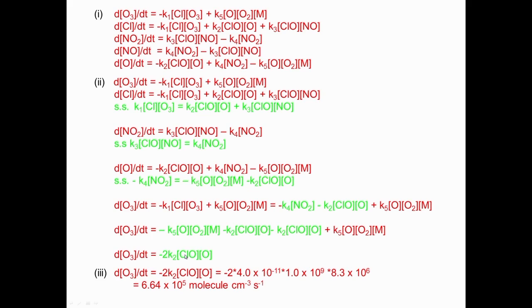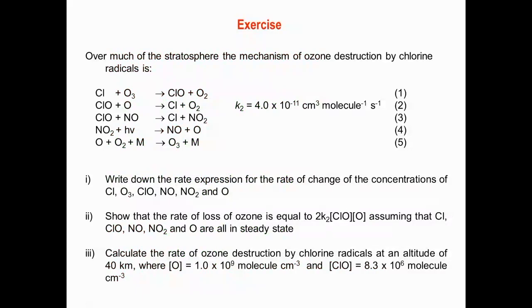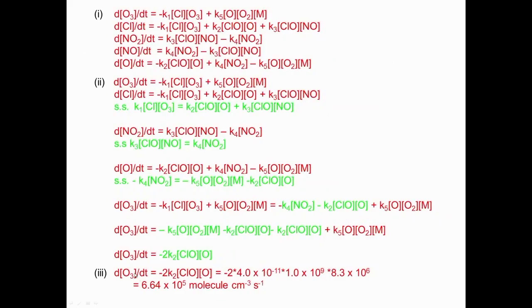If you're given the ClO concentration and the O concentration, it allows you to say how many molecules per centimetre cube per second of ozone are destroyed at the height. So at 15 kilometres, or 40 kilometres, where you're given the O concentration and the ClO concentration, you can calculate the d-ozone by dt.